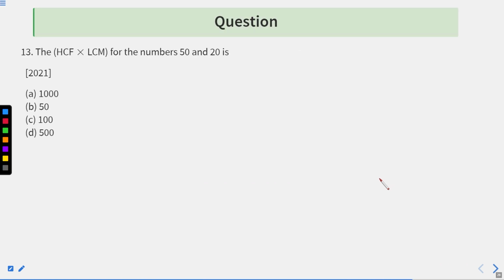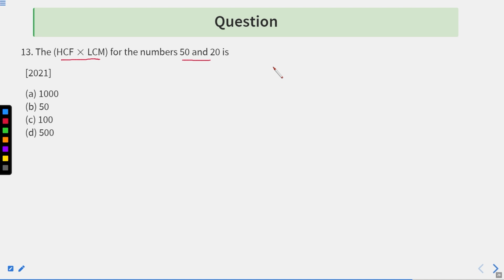This is question number 13. Here we have to find HCF times LCM for the numbers 50 and 20. You know this result: HCF of two numbers into LCM of two numbers is equal to the product of these two numbers.